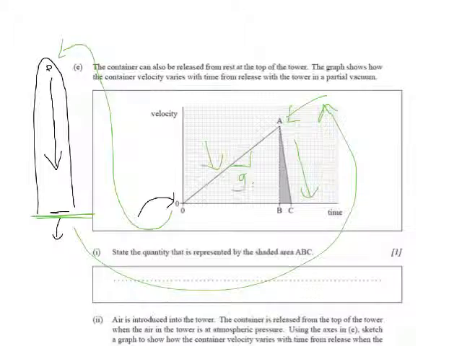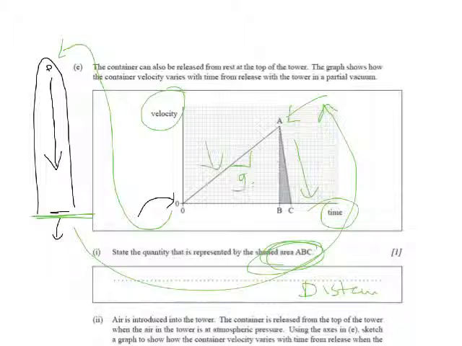And the quantity that is represented by the shaded area, well, you should remember that the area under a velocity time graph is distance. So it's the distance inside the styrofoam while it slows down.